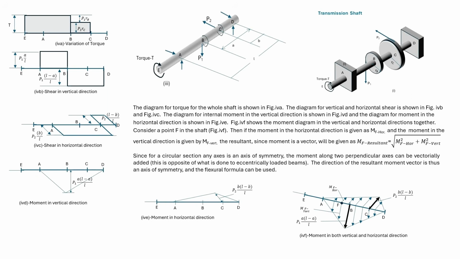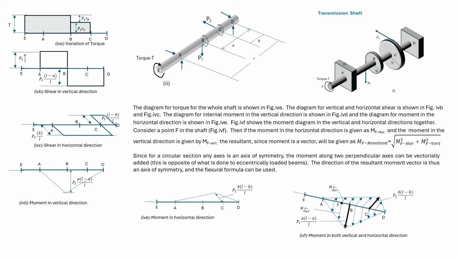It is to be noted that with a rectangular section or an unsymmetric section, we took components of the moment in the direction of the axis on which the flexural formula was applicable. This is for moment which was not applied to any of the axes on which the flexural formula was applicable.